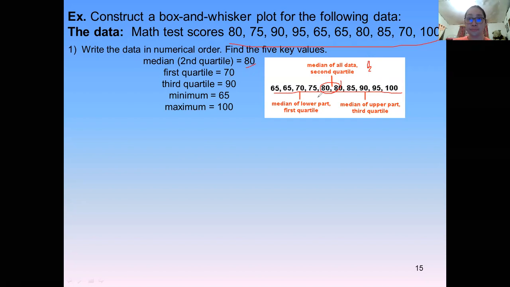And of course, below the median, that is your lower part, you can get your first quartile from 65 up to 80, since the first quartile is described as the lower half of the Q2.